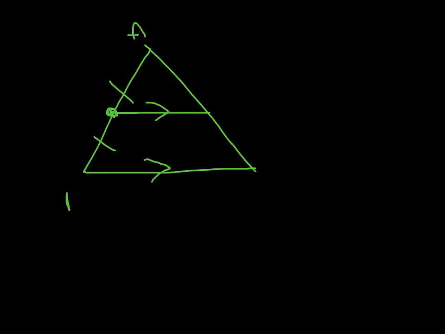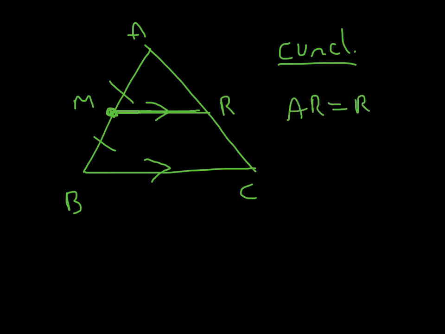So if we have AB, and point M is the midpoint of side AB, if we draw a line through point M that's parallel to the other side BC, we can conclude that AR equals RC, making R the midpoint of line segment AC. Not used too often, but you should possibly know that.